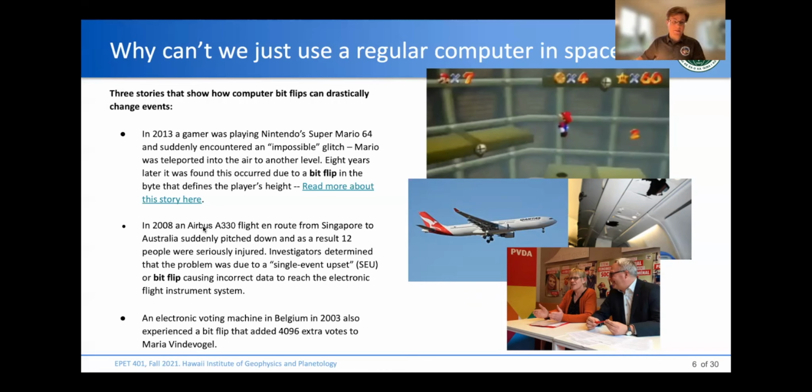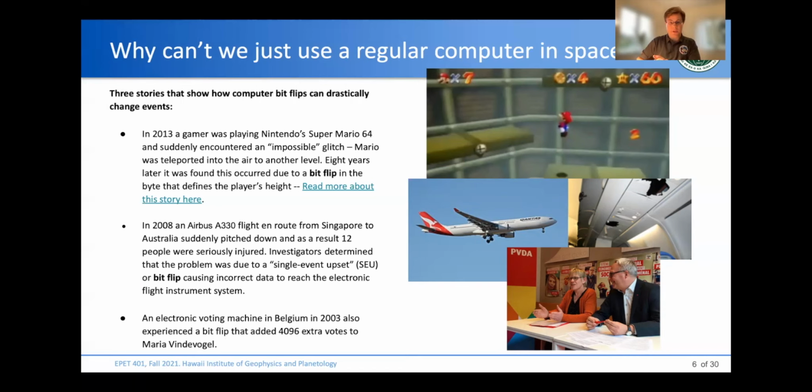In 2008, there was a much more serious event. An Airbus 330 was en route to Australia and suddenly pitched down, and several people were injured. In fact, it happened not just once, but twice.